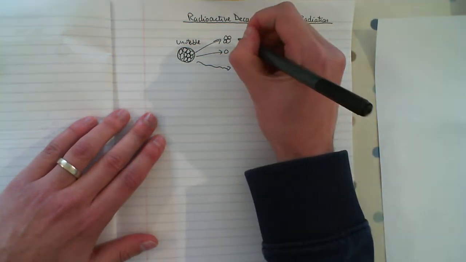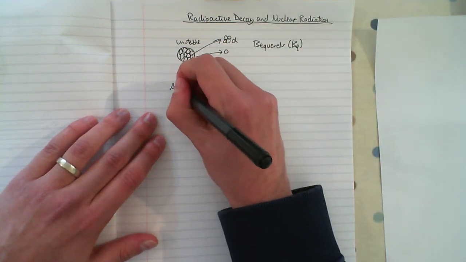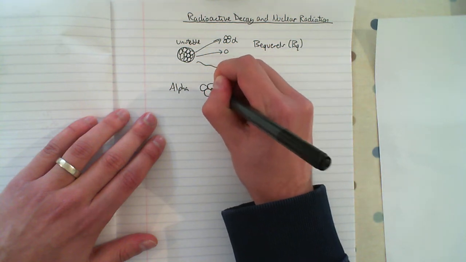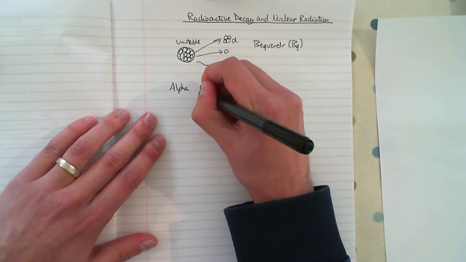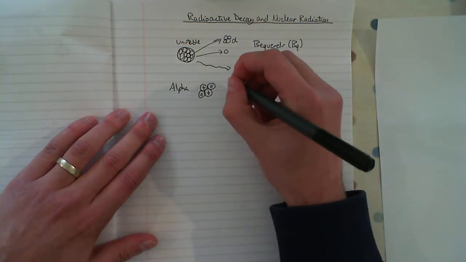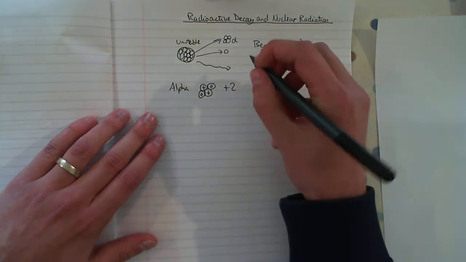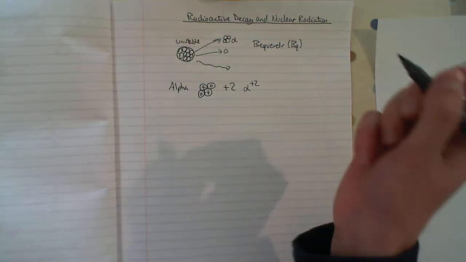This one I've drawn here is called alpha, and what alpha radiation is, is 2 protons and 2 neutrons. The 2 protons are positively charged, the 2 neutrons don't have a charge, so the overall charge is +2. So we can represent alpha as alpha +2.